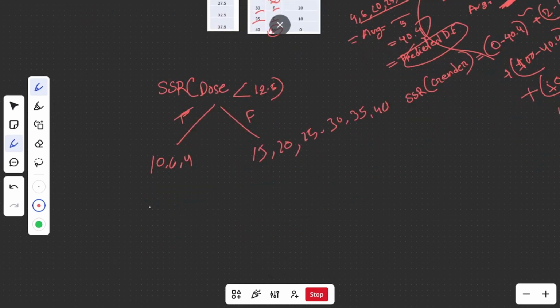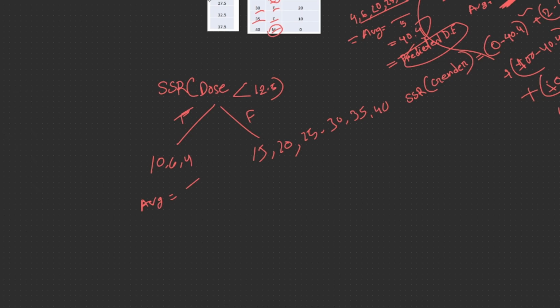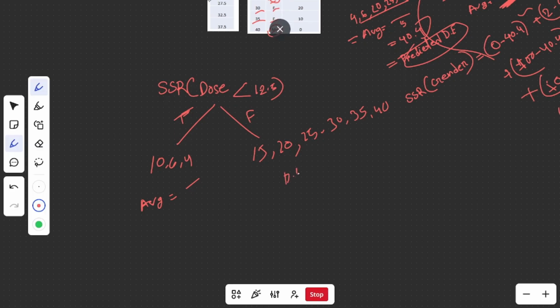Now we have to count the average. This average predicted dose efficiency will be 5.